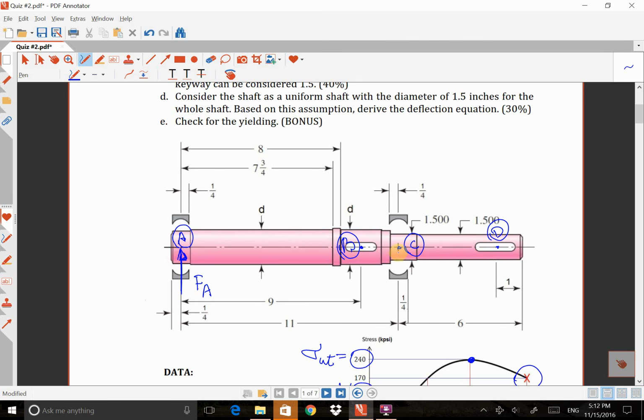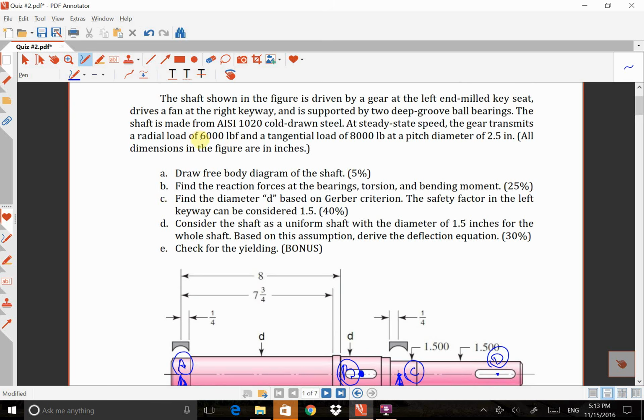And for the second bearing, we're going to have another reaction force, which is FC. At point B, this point, there is some information given in the question. There is a radial force and tangential force at pitch diameter of 2.5.